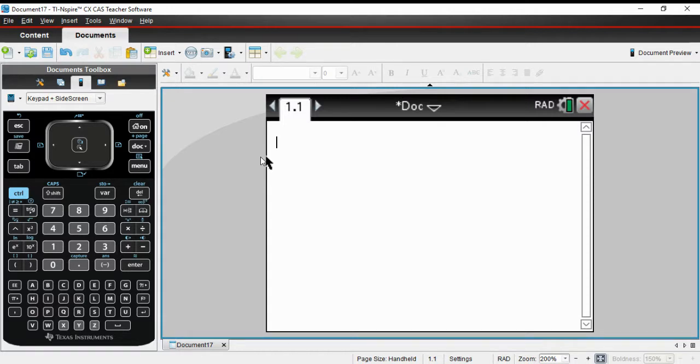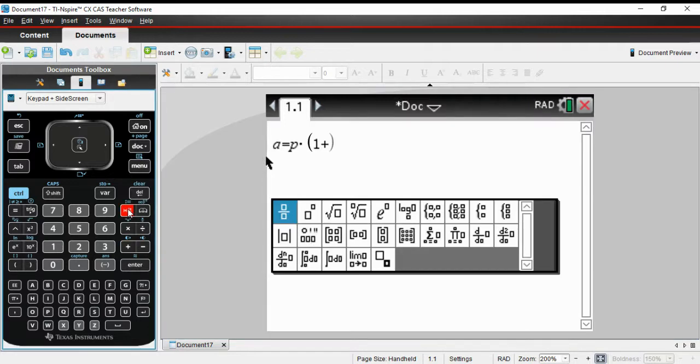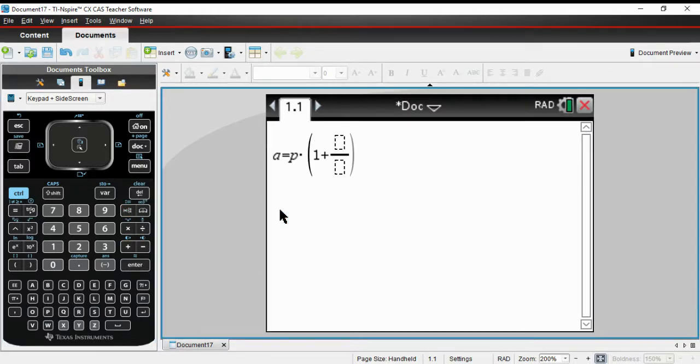So I start by popping my formula in. If anyone's following, I'm on page 64 of the textbook. So A equals P times 1 plus, my laptop keyboard doesn't have a fraction button, R over 100, move to the outside and close the bracket.